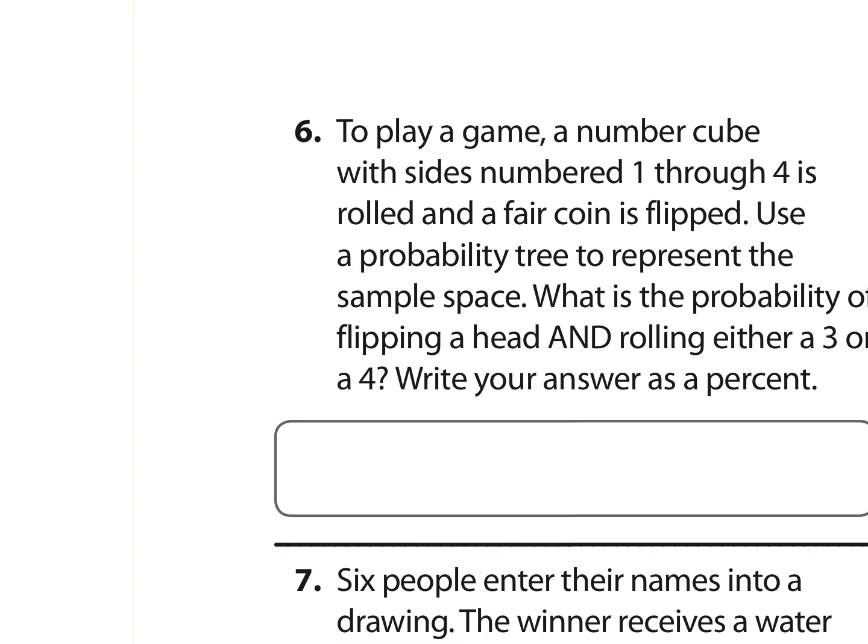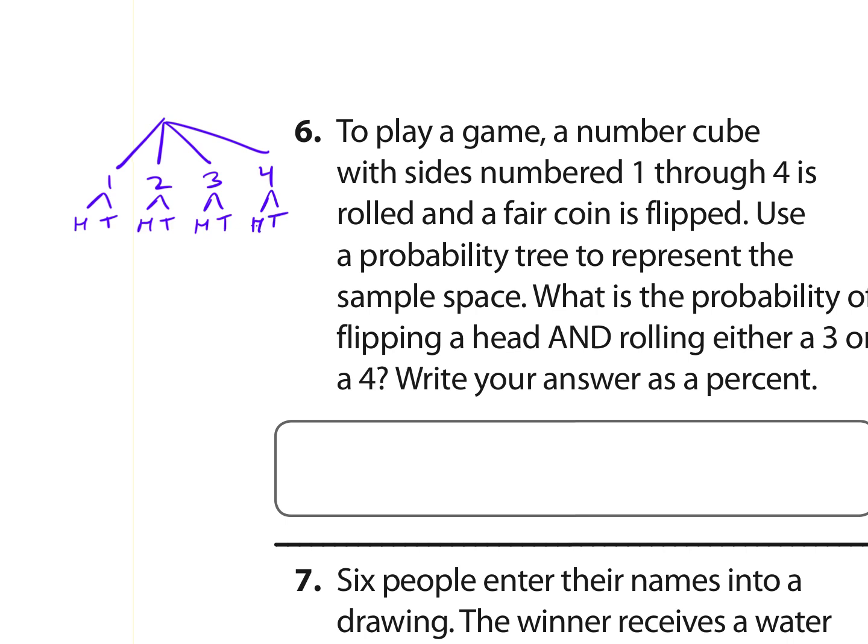I know I have a number cube with sides numbered 1 through 4. So 1, 2, 3, 4. And then a coin that's flipped that could be heads or tails. So heads or tails for every one of these sides of the number cube.